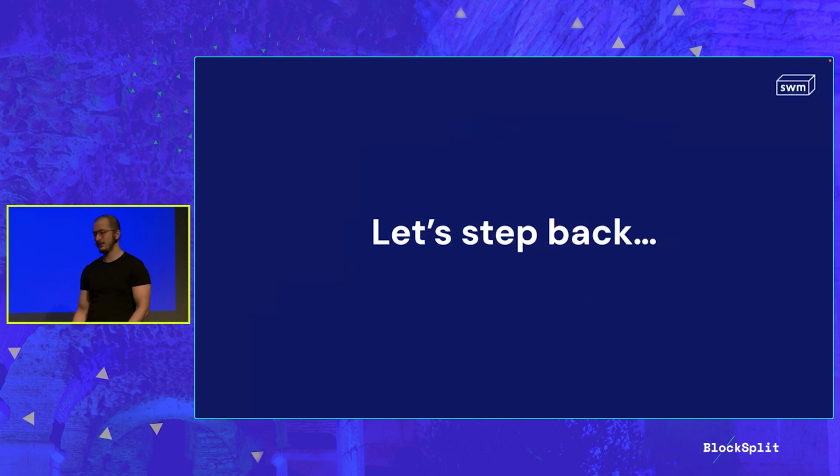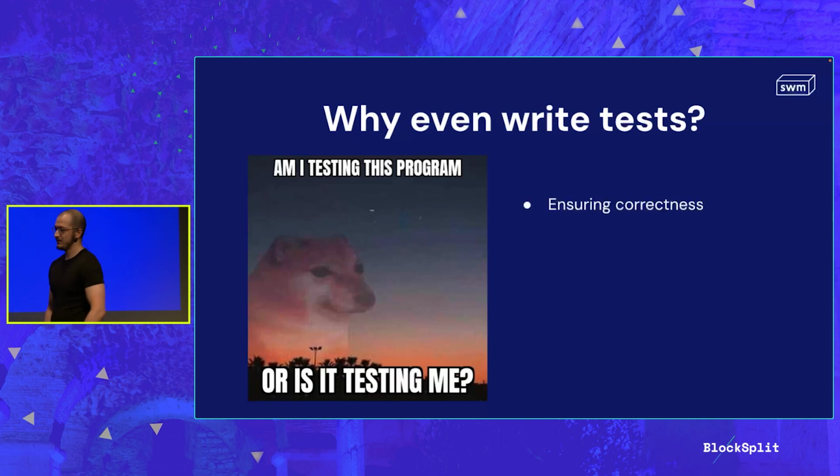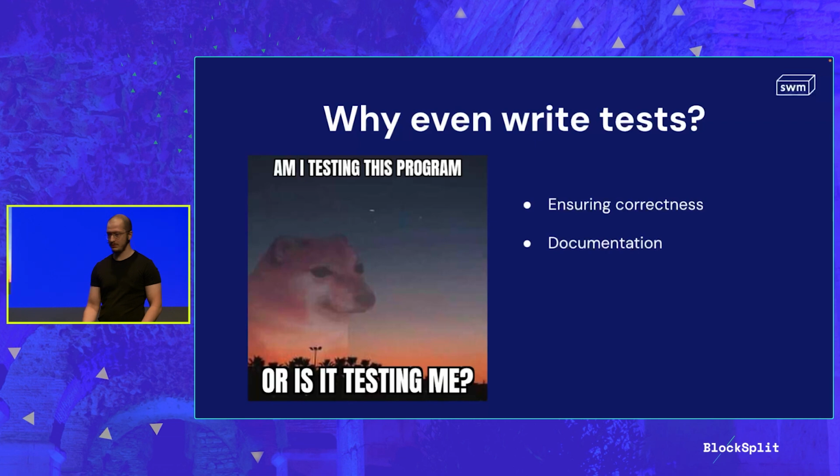So let's just take a step back and ask ourselves, why do we even write tests? Mainly it's to ensure that what you wrote is correct, so you didn't write anything dumb. It's also for documentation purposes, so when a developer comes and reads the test, he basically knows what the program is supposed to do without guessing.